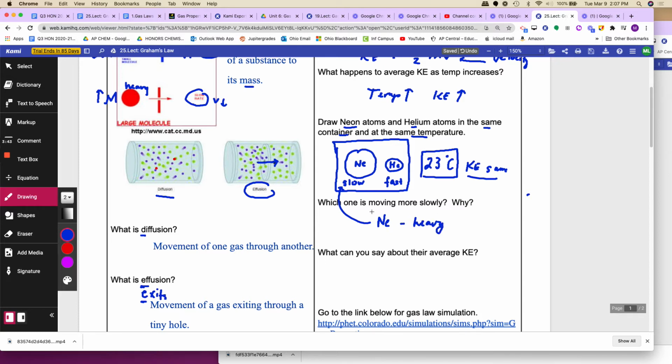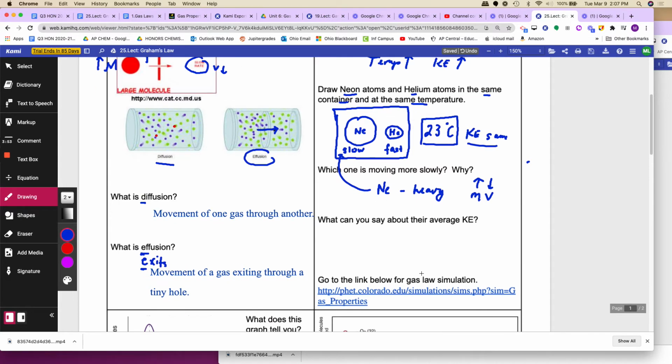Remember Graham's law states that as the mass goes up, it's heavy, the velocity goes down. What can you say about their average kinetic energy? Well, the kinetic energy of neon and helium are the same. The kinetic energy of helium is the same as the kinetic energy of neon, because they're in the same container.